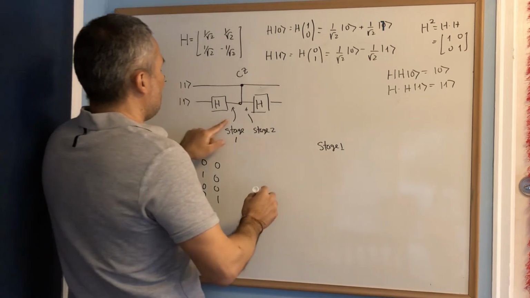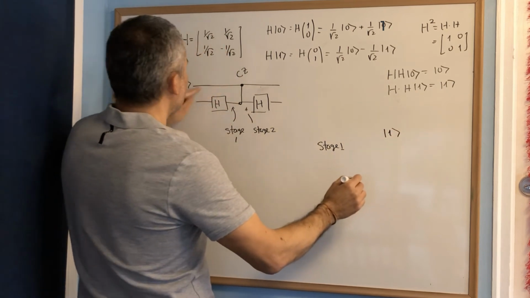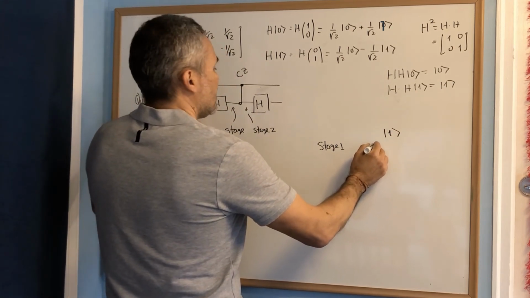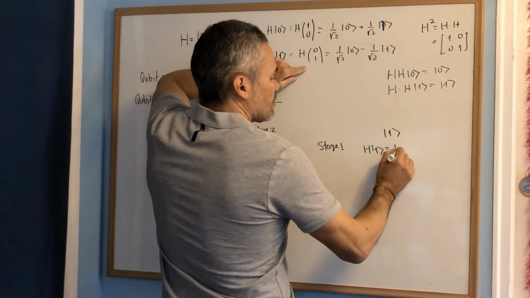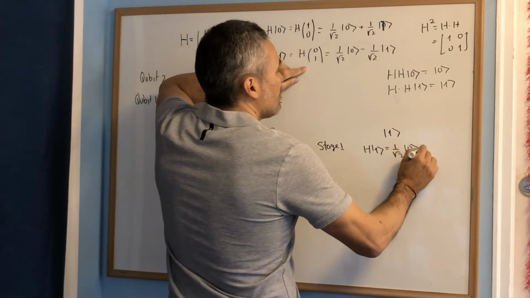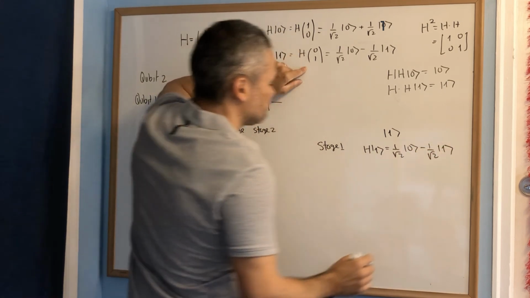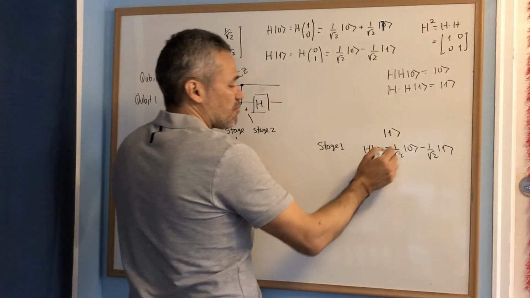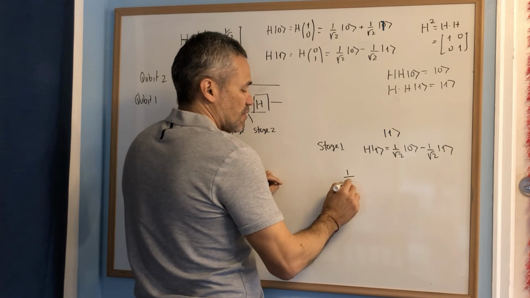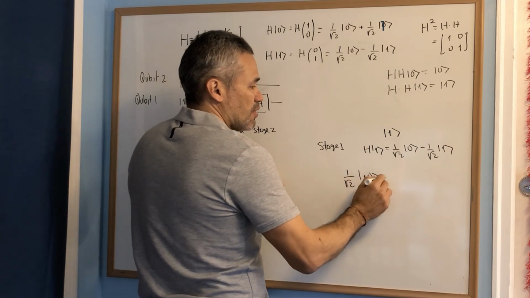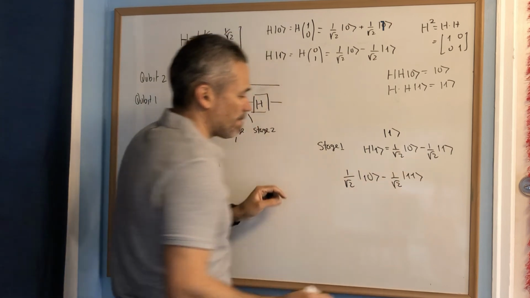Then at stage 1, we have here 1 on top, and on the bottom we have h of 1, which is 1 over the square root of 2, 0, minus 1 over the square root of 2, 1. Then when we do the tensor product, we get this state: 1 over the square root of 2, 1, 0, minus 1 over the square root of 2, 1, 1.